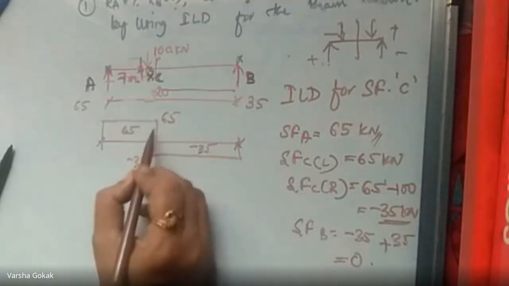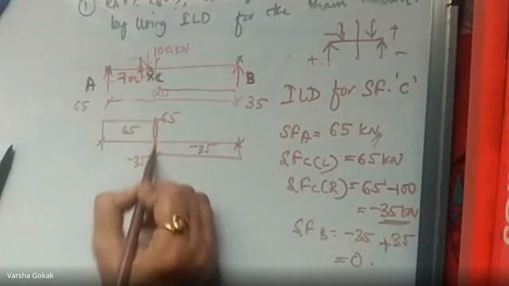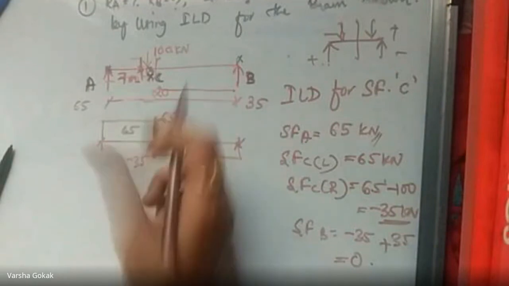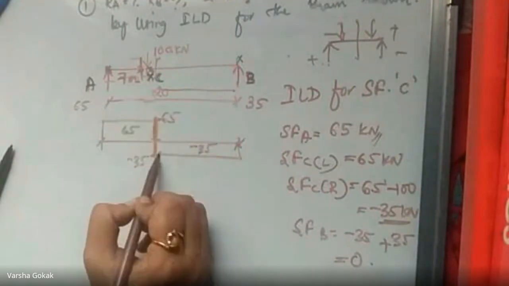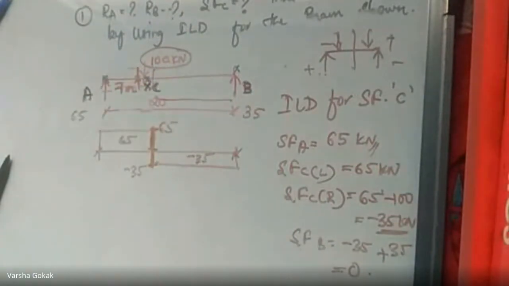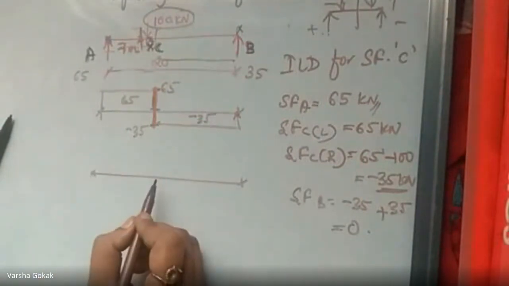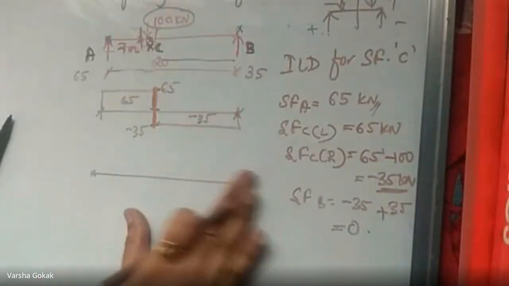Agree? So when I'm talking at point C, this is your pattern. So you have your RA and you have your RB. Together they are making your 100 kilonewtons. Right? Now the same thing when I'm drawing in terms of your ILD. Okay? How is your ILD?